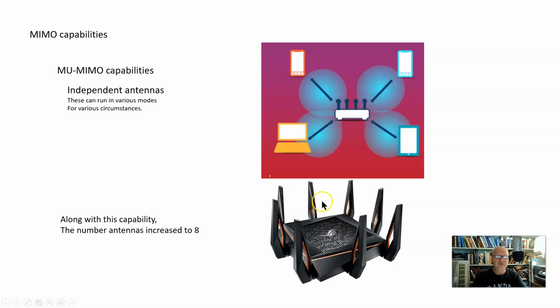But now we have detached these antennas and given them capabilities to work independently. So I can have one antenna servicing this screen over here, another one servicing this one over here, and so on. And they can be in various modes. So I can have each one independent. If I don't have that many devices here, I can combine 2 of them.